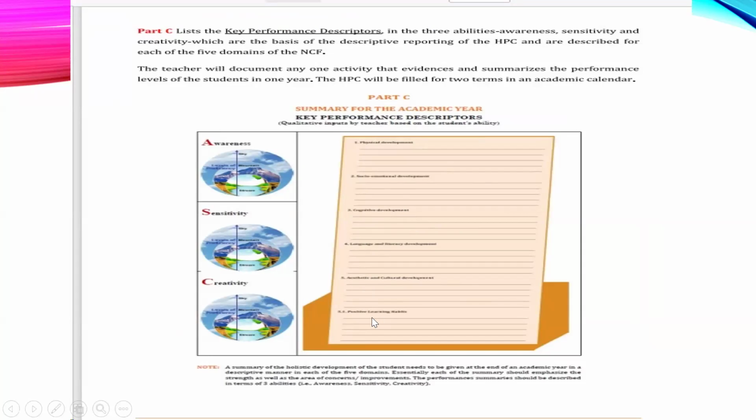And the last one is positive learning habits. So this is also mentioned in the NCF. And here we have the ability, awareness, sensitivity, and creativity.